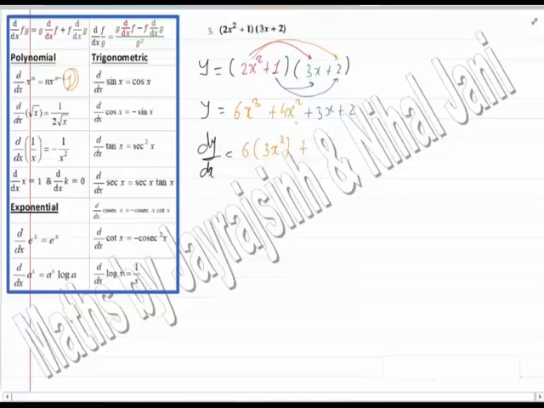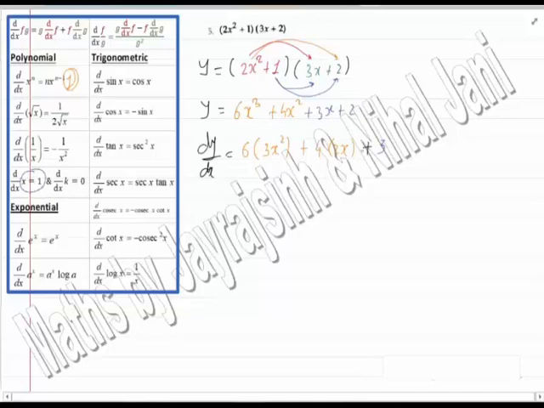Okay, similarly for the second term, 4 is constant, we don't have to worry about it. Differentiation of x square will be 2x plus, in third term we have 3x. 3 is the constant term, we just have to differentiate x.